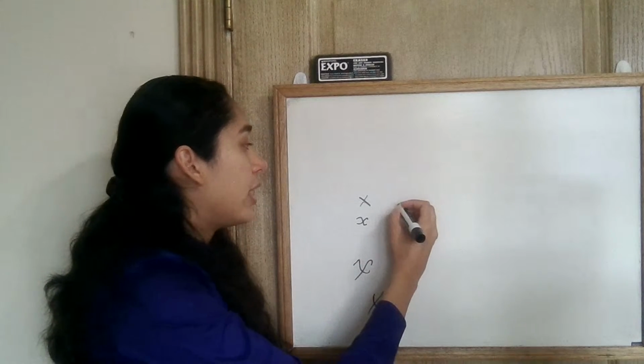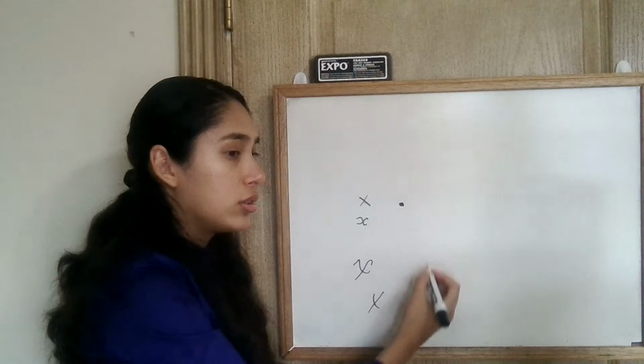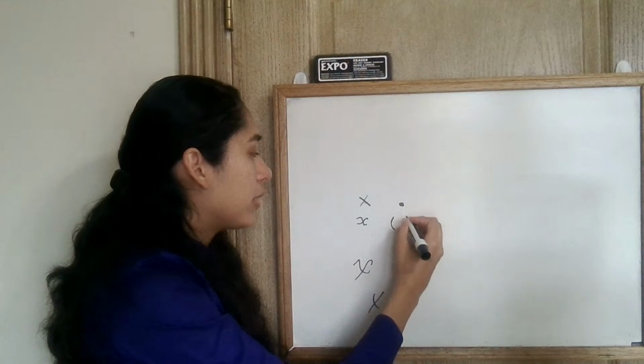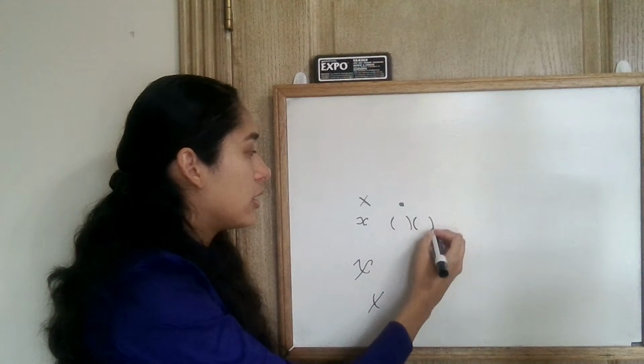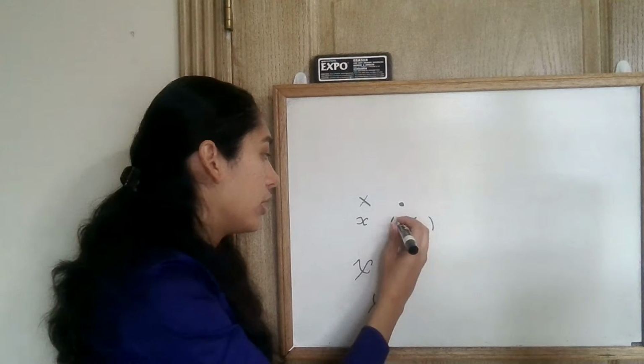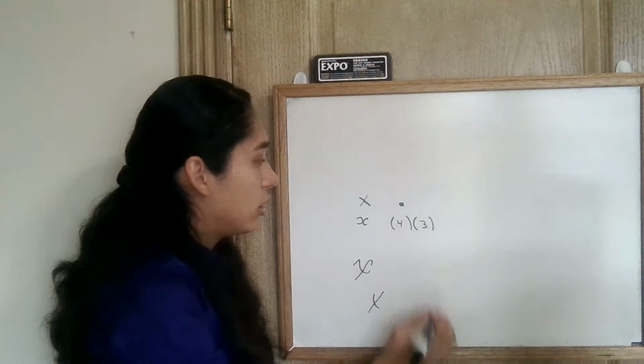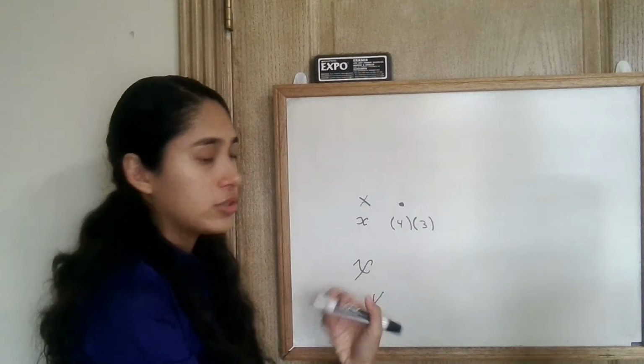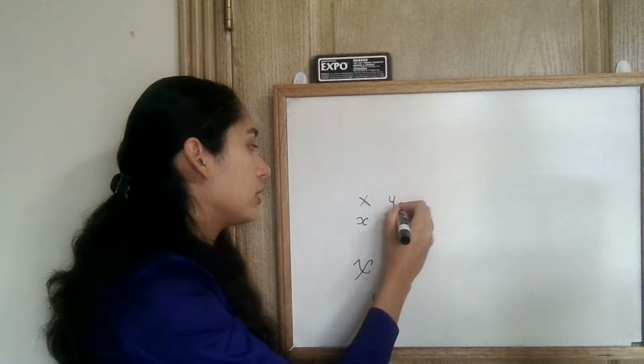I'm going to be using a dot to multiply instead, or I'm going to be writing like this. This means multiplication. I put like 4 times 3 like that. That's a lot of extra keystrokes. I could just do this.